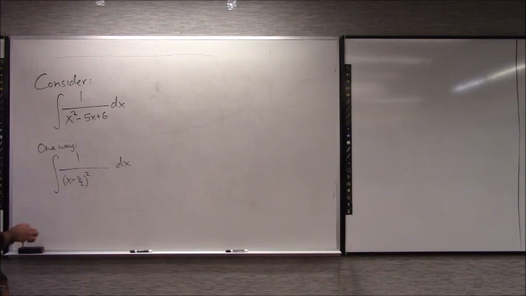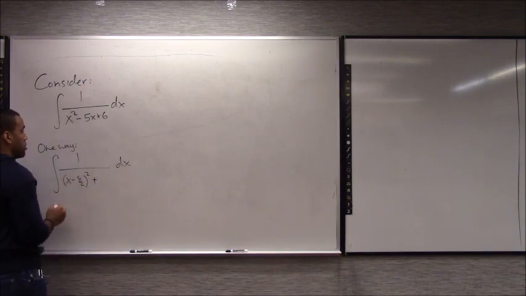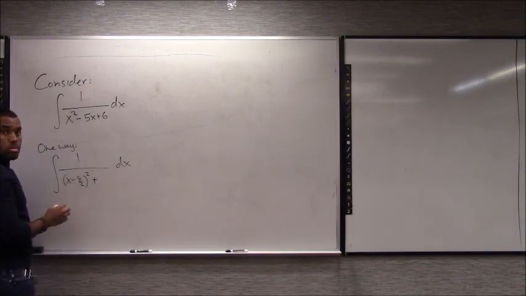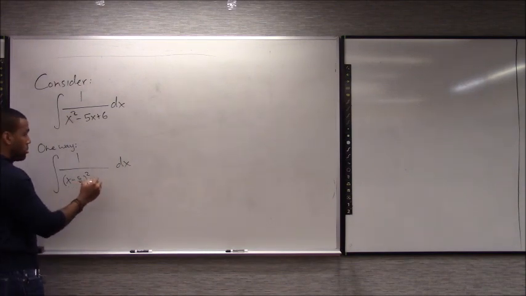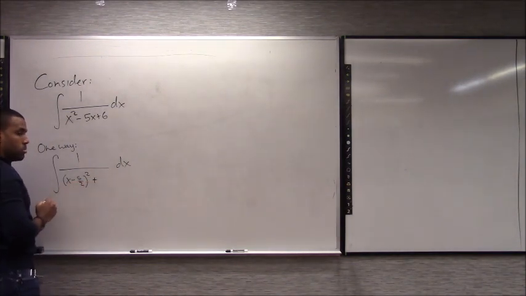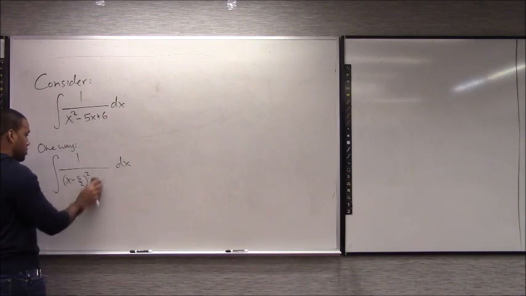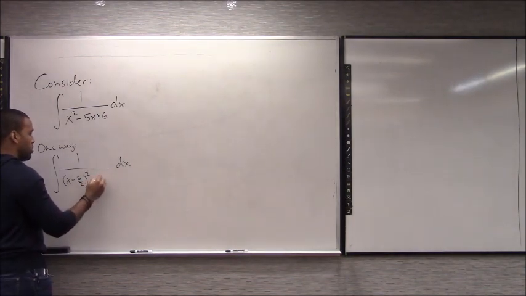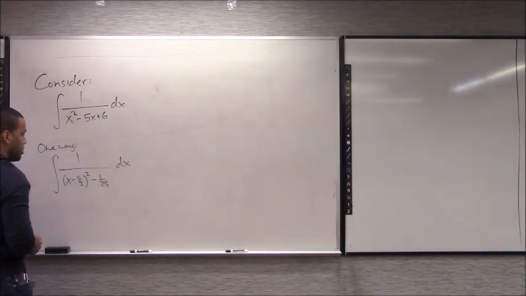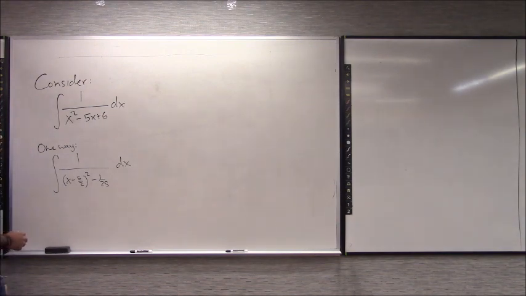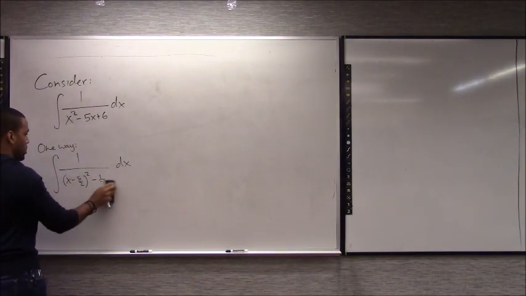You need to subtract, so it's minus a quarter, because 25 over 4, you need 24 over 4 to get 6. It's 1 over 4, right?